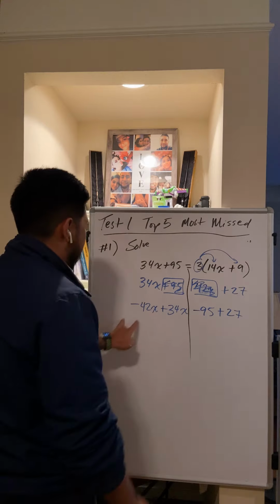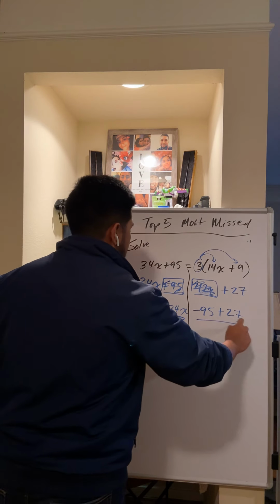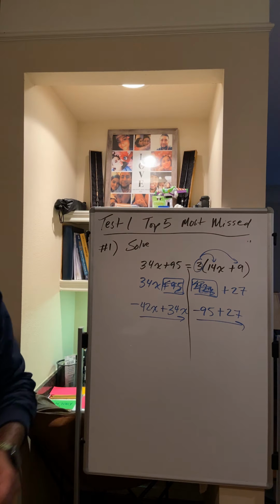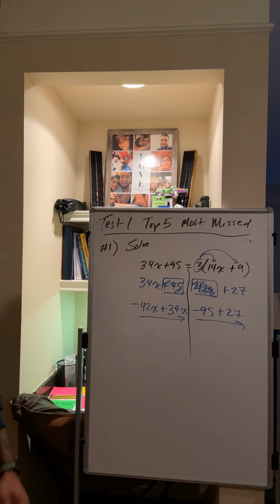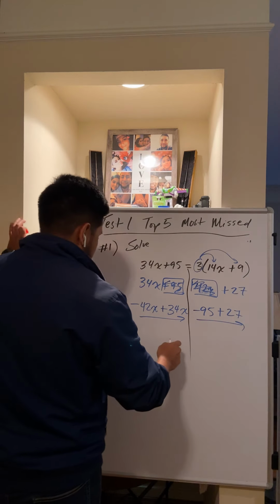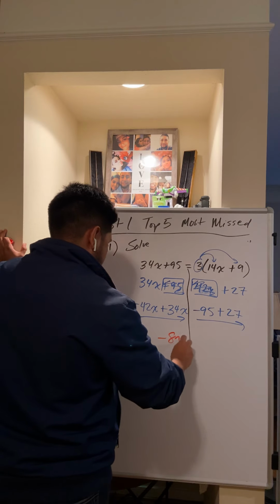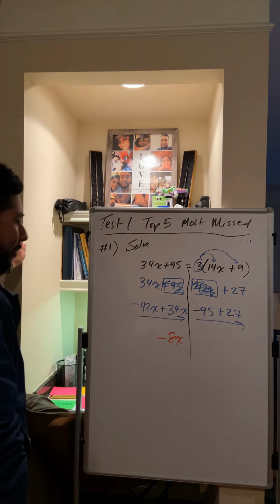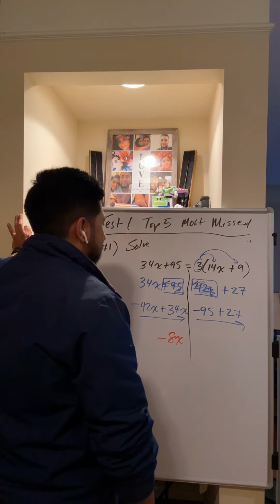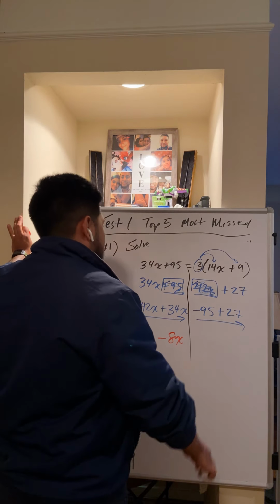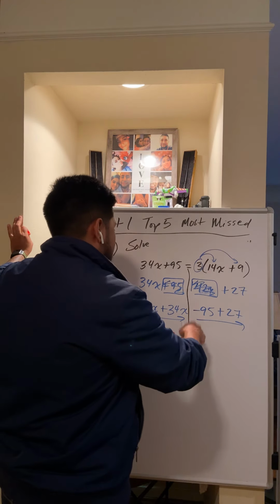Put these together. Negative 42 plus 34 gives me a negative 8x. Almost done. I feel like I messed up somewhere, but we'll find out right now.